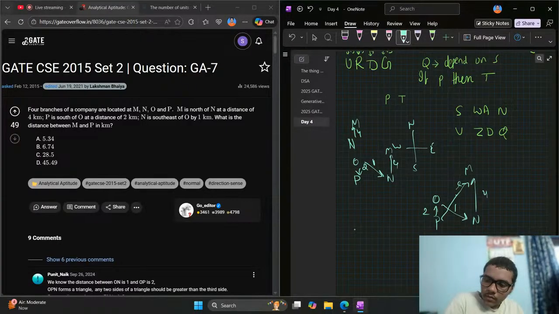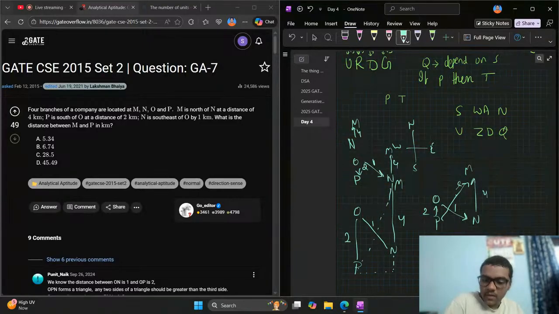O, N, M. To get the triangle length, you need to know this distance and this distance.